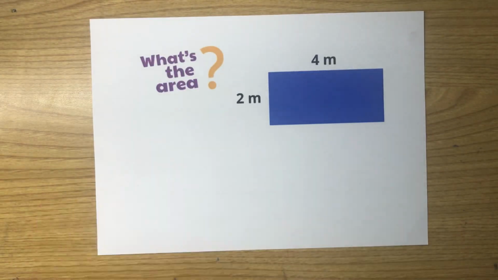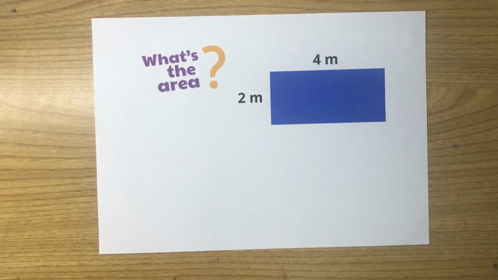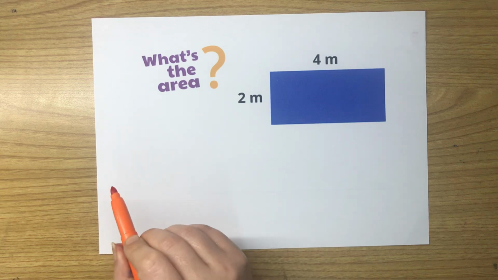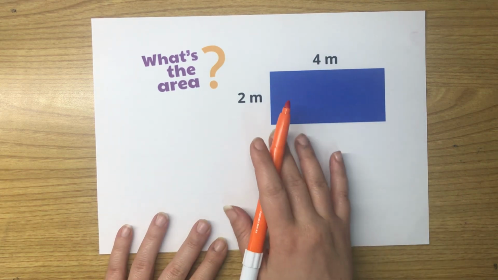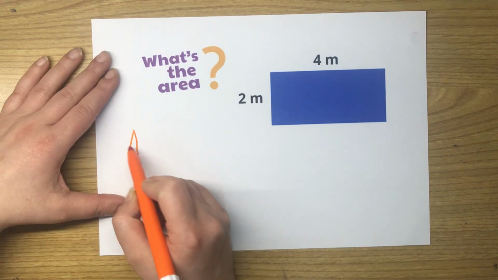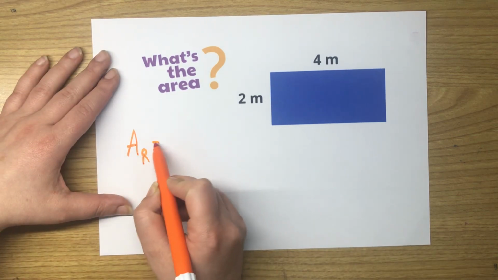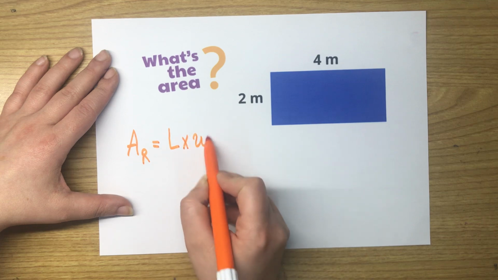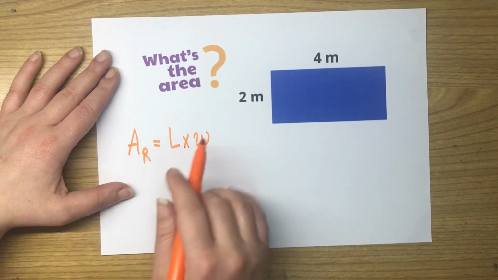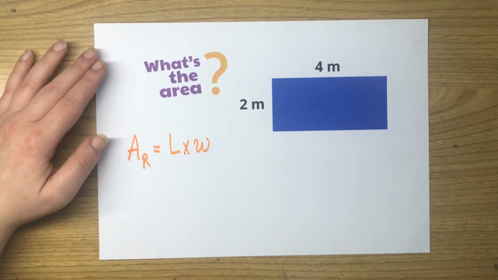Another example. Here is another rectangle. Okay? What is the area for this rectangle? As I said before, solving any question, put down the formula. The area of rectangle is going to be length times width, or the breadth, the way that you like to name it.